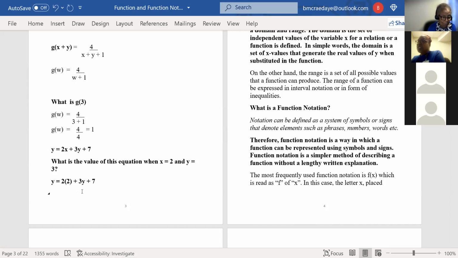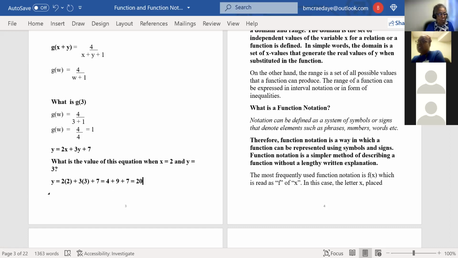And what is the y? Y is 3. Okay, now what is that equal to? 4 plus 9 plus 7. And what's that equal to? 20. Okay, 13 plus 7 is 20.